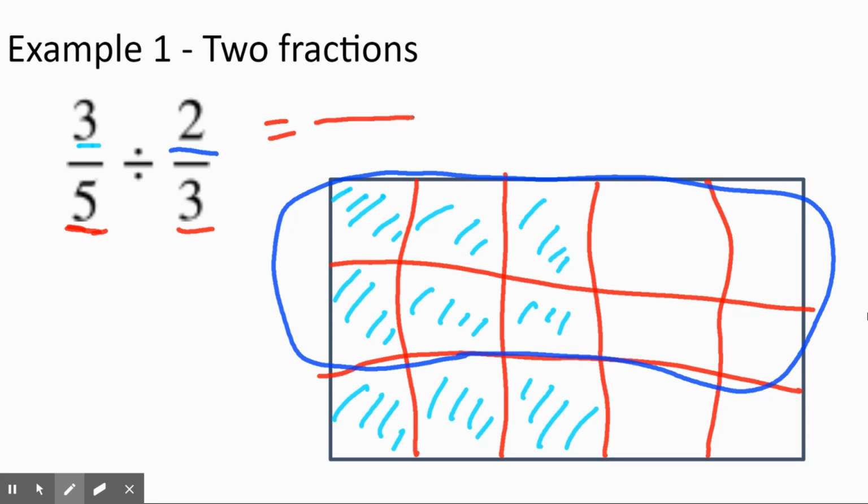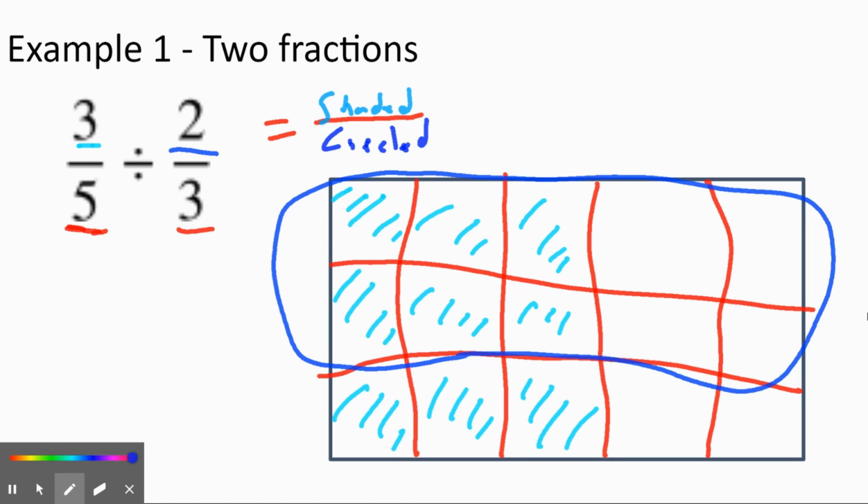We're going to have a fraction, of course, and this top number, the numerator, is just going to be how many boxes you have shaded in, and the bottom number is going to be the number that you have circled.